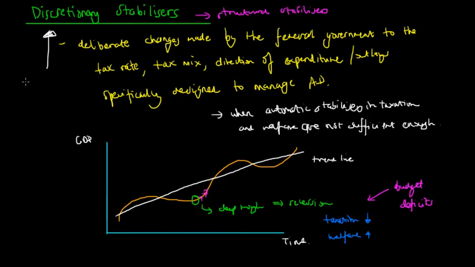It was the discretionary stabilizer of the increase in the tax-free threshold to $18,200. So this meant that people earning less than $18,200 did not need to pay any tax.